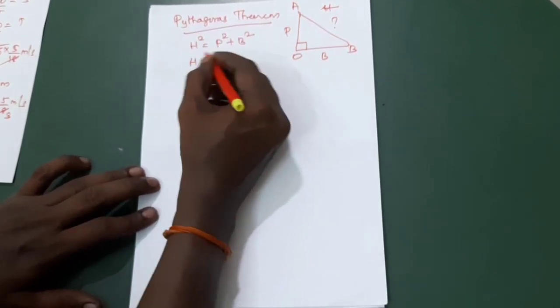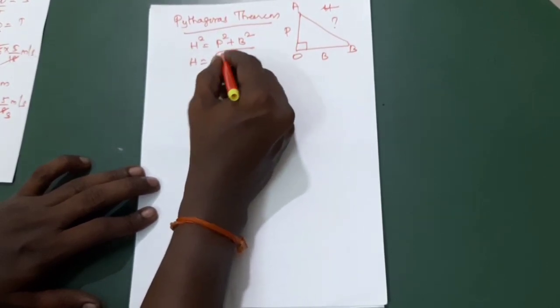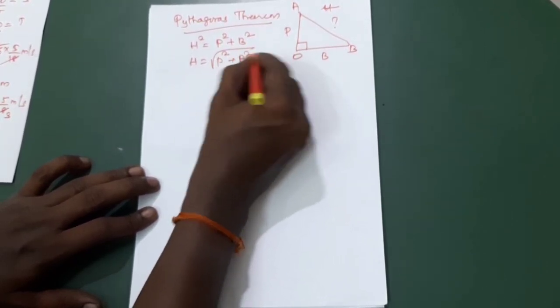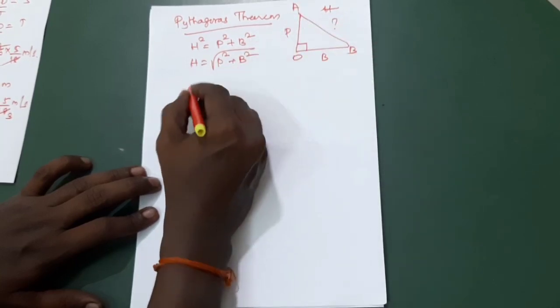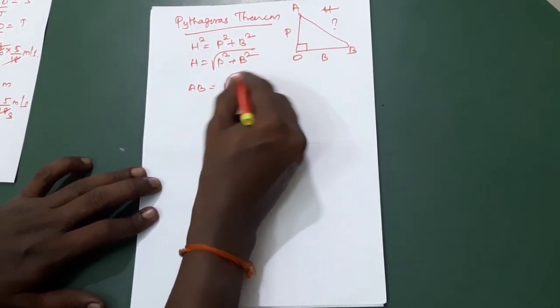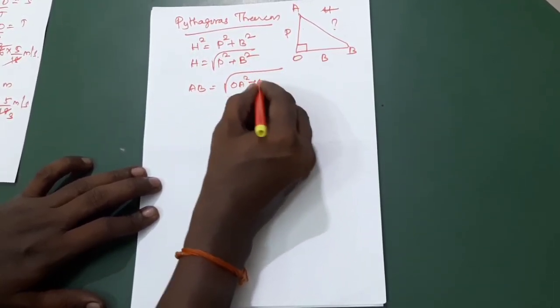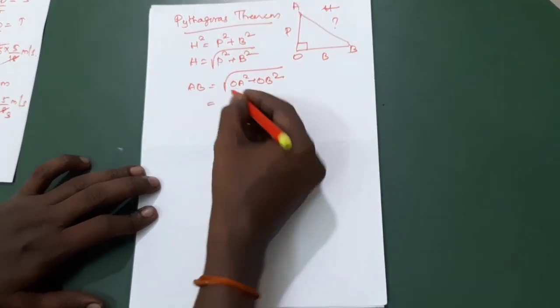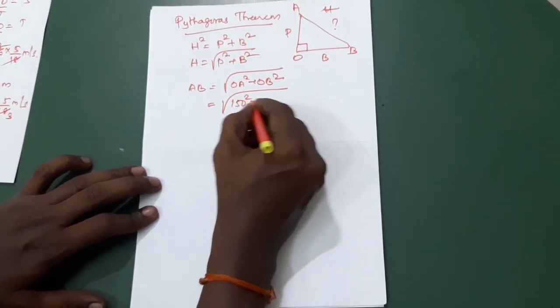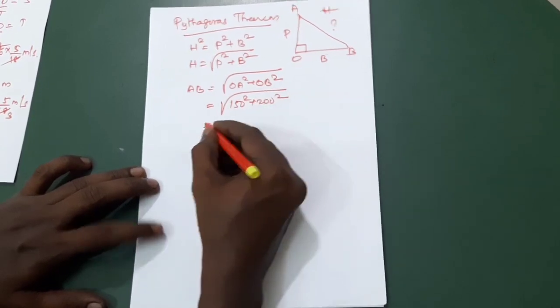So hypotenuse is equal to square root of base square plus perpendicular square. So here AB is equal to square root of OA square plus OB square. So this is 150 square plus 200 square.